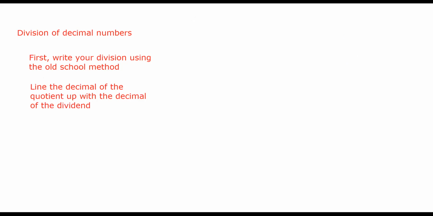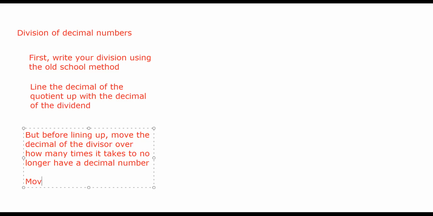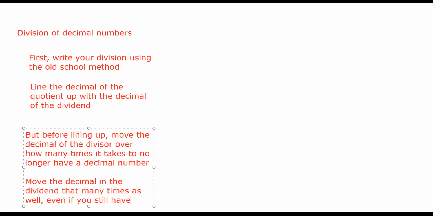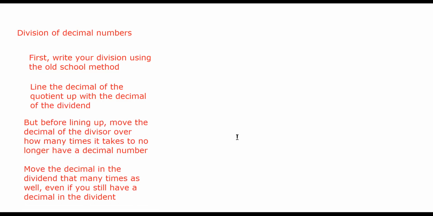You're going to line the decimal up, yes, in a moment, but before lining up, move the decimal of the divisor over however many times it takes to no longer have a decimal number. Move the decimal in the dividend that many times as well, even if you still have a decimal in the dividend. It's a lot of words for what's going to end up being a pretty simple process in a moment.